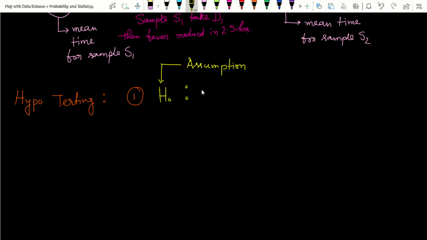Suppose the assumption we make here is that drug D2 and drug D1 take the same time to reduce the fever, that they have no differences.